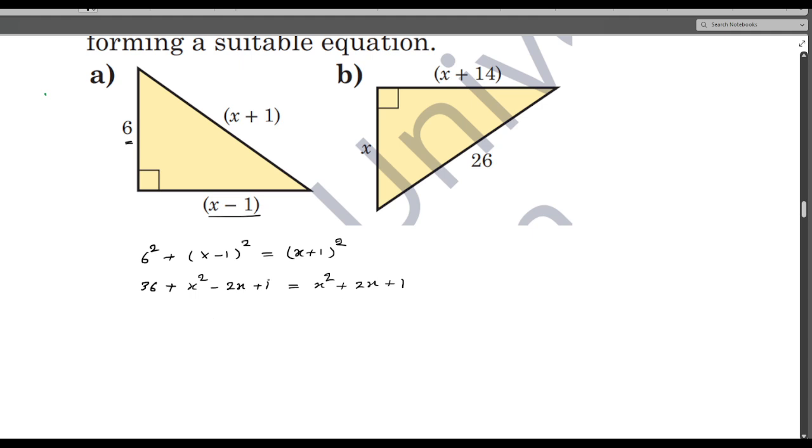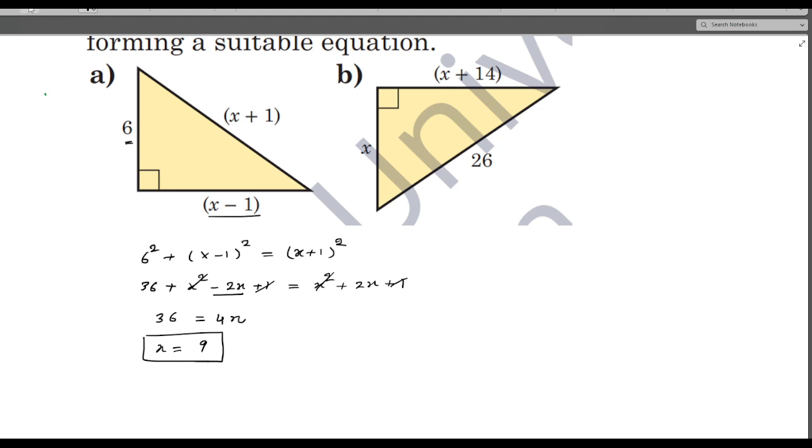Okay, now this x square on the left and on the right will cancel. This minus 2x from the left I will move to the right, and this plus 1 is also cancelled. So I will say that 36 is equal to 4x. That gives me the value of x is equal to 9. So the value of x is 9. Okay, single value, done. Now let us do this question B.